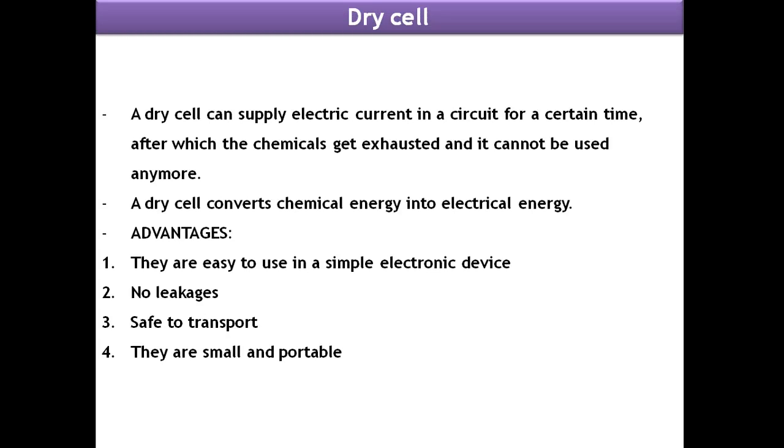A dry cell can supply electric current in a circuit for a certain time. After that, its chemicals get exhausted and it cannot be used anymore. This type of cell is called a primary cell, which is neither reusable nor rechargeable. Once the electrochemical reactions consume all the chemicals, they fail to produce electricity.